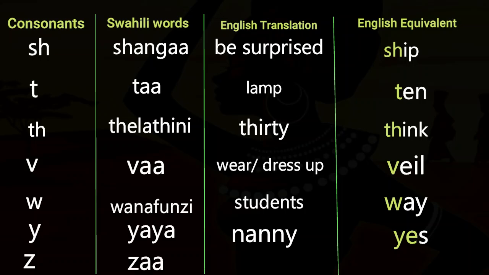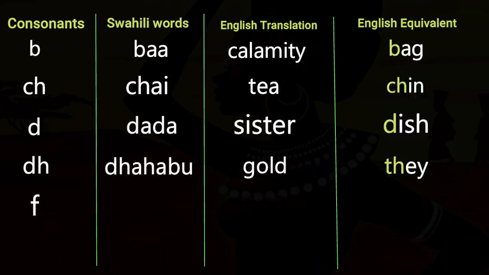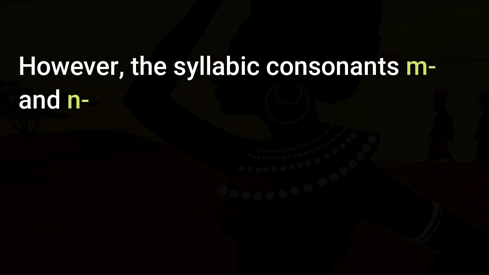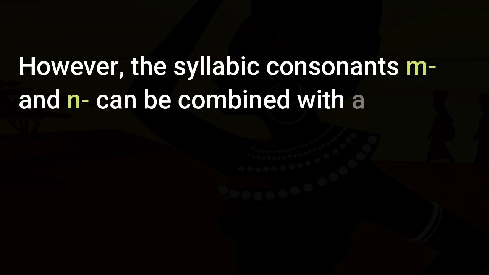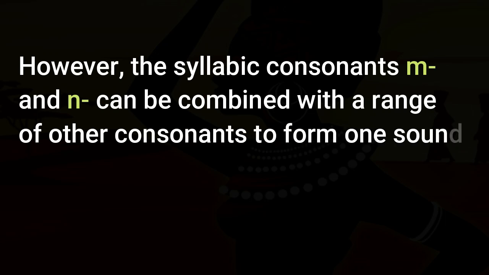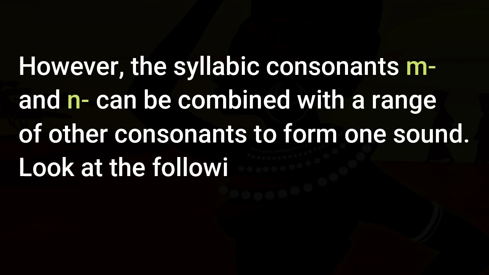Za, give birth, as in zeal. So, however, the syllabic consonants ma and na can be combined with a range of other consonants to form one sound. Look at the following examples.